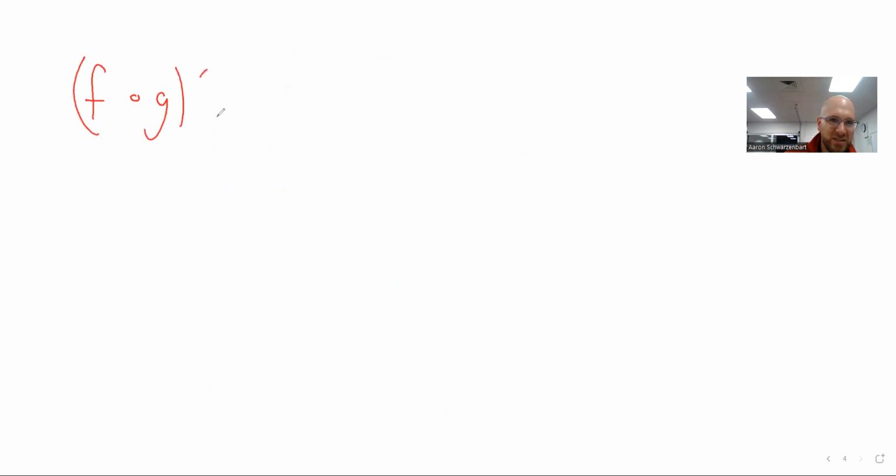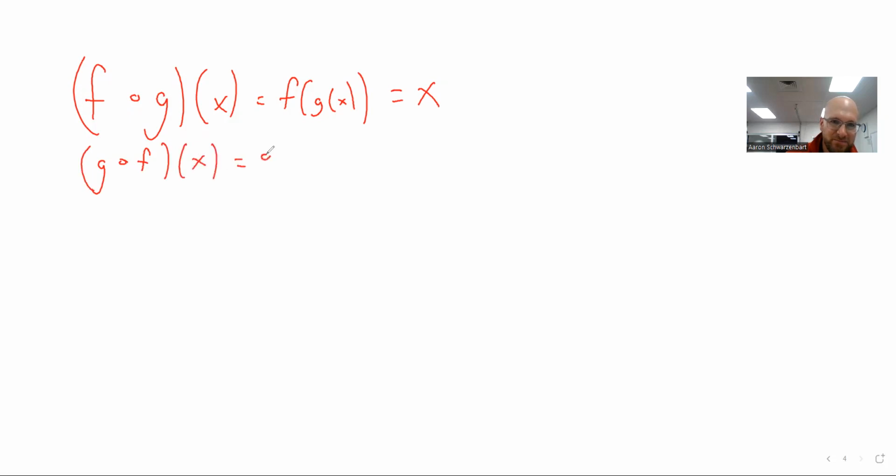F of g of x must be equal to x, and I must prove it the other way. G of f of x, which means f gets plugged into g, must also equal x.